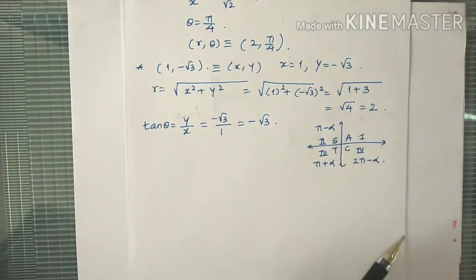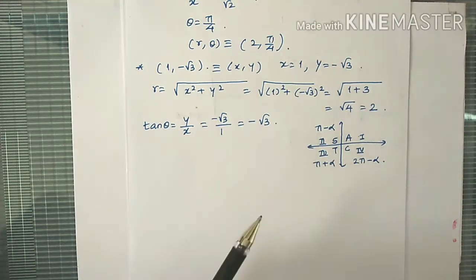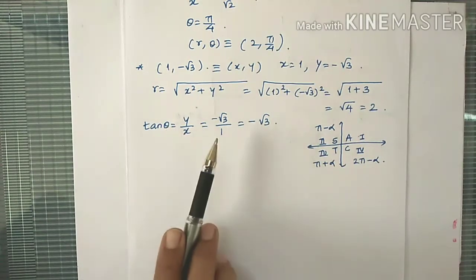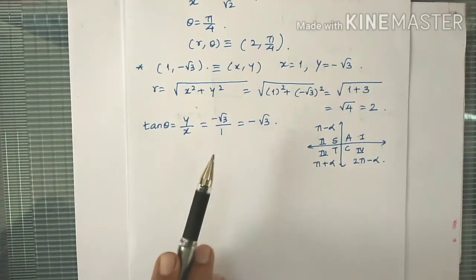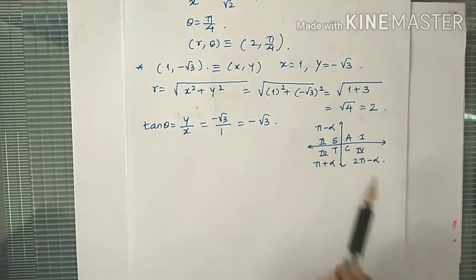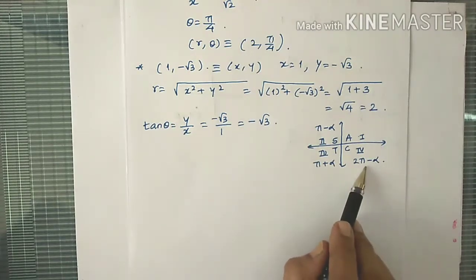See, I repeat the steps again. So what are the steps to find theta? First of all, neglect the sign and find the angle. So neglecting the sign, we get the angle as pi by 3. Okay, so that is our first step. Second step is find the quadrant in which the point lies and use this information accordingly. Now here the point lies in fourth quadrant.